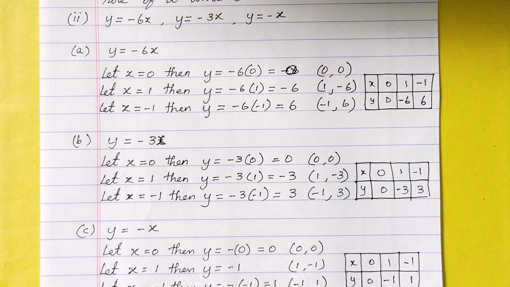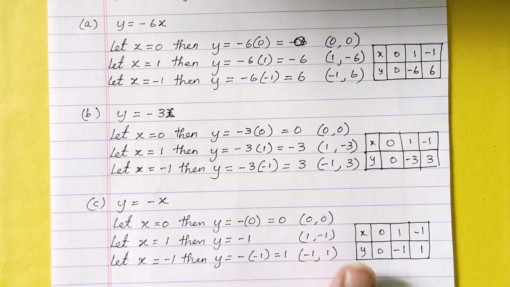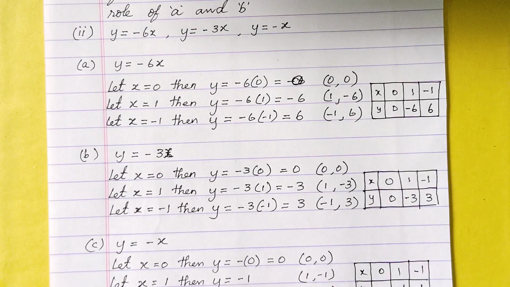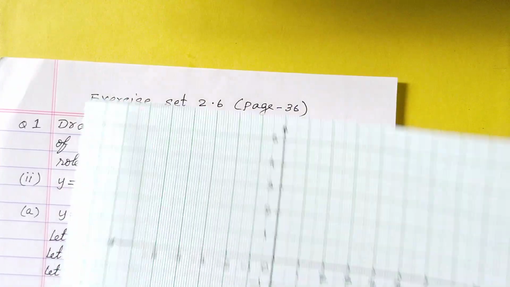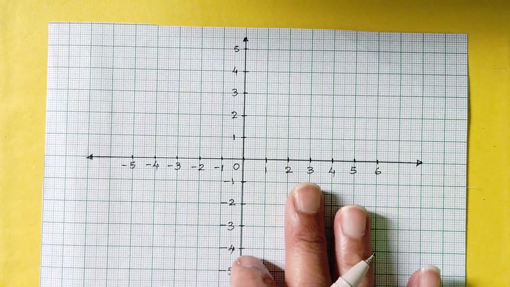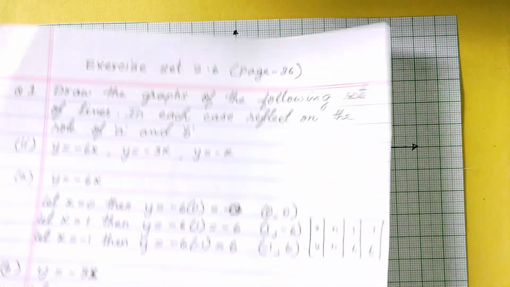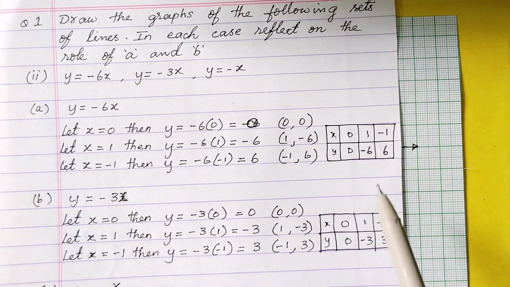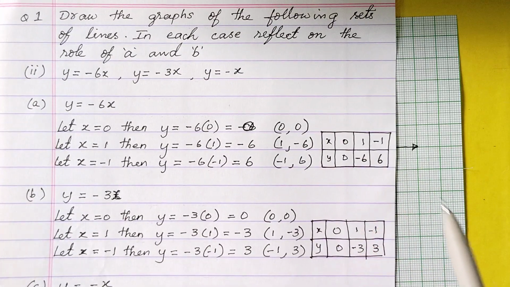So now we will plot these 3 lines on the graph. So this is the graph paper, and we are going to plot the first one. The values are 0, 0; 1, minus 6; minus 1, 6.